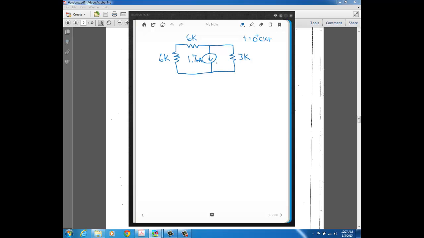But here we have an inductor, so its initial condition when it's initially energized is that of a current source with value of whatever current that it was energized to, which again in this case was 1.7 milliamps. So once we have our initial condition circuit here, again this just becomes a problem like those that we had solved earlier in the quarter.